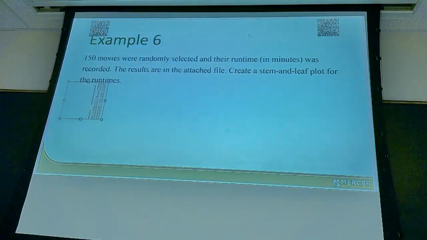Stem plus. Very simple way of organizing the data. Also quite tedious.